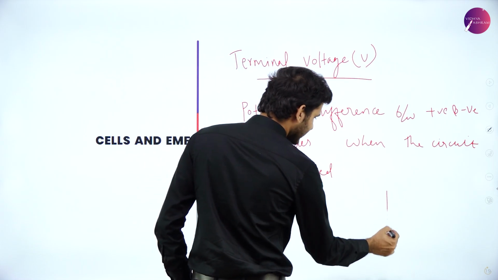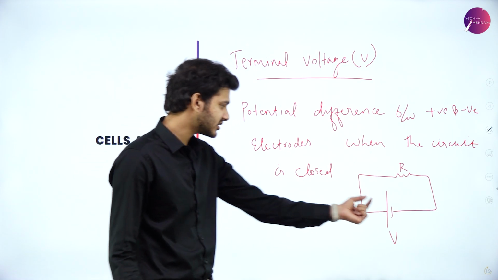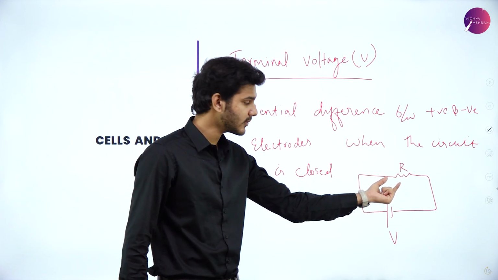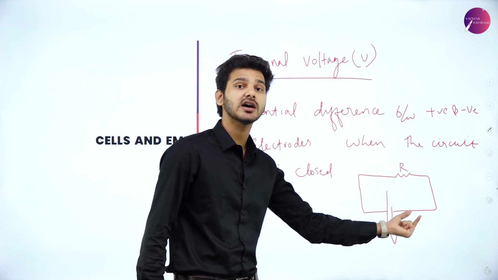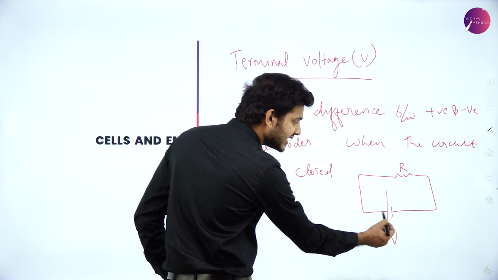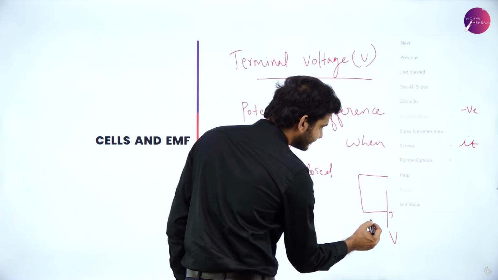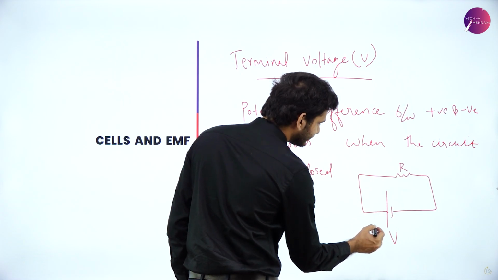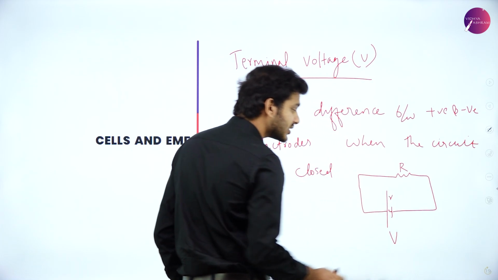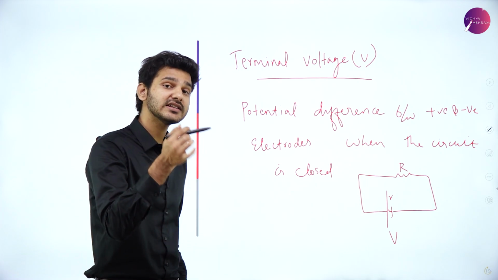In this case, this is terminal voltage because the connection is closed. Current is flowing through this particular resistor. So we can say the voltage being supplied is known as terminal voltage. And you must also note that between these electrodes there is a small r within the cell. That small r is known as internal resistance, which arises due to what is within the battery.